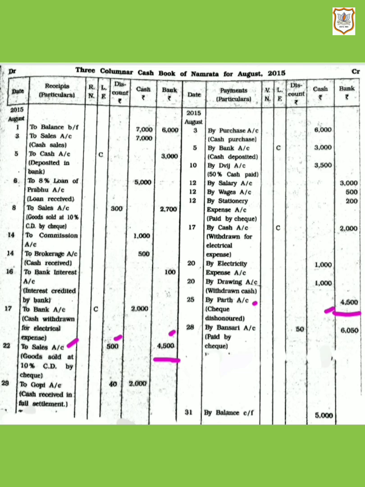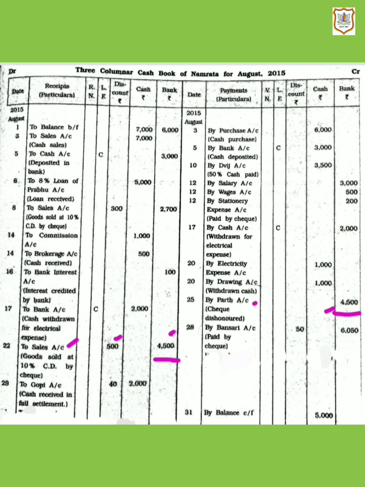That means the differential amount, that is rupees 50, is discount received, or we can say allowance received. So here we will record it on the credit side of the cash book. So here it is 6,050.